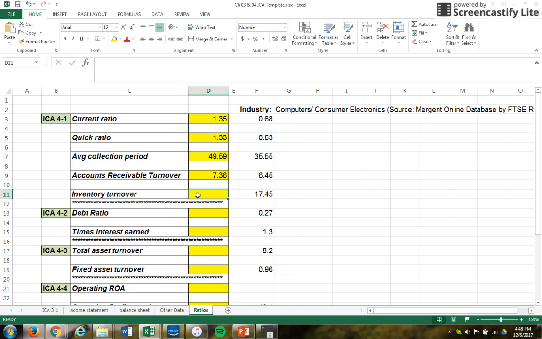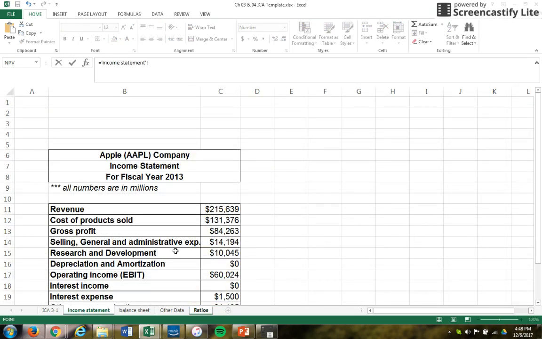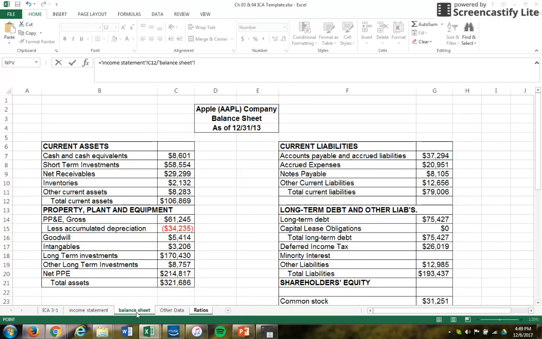So to do that, we find our cost of goods sold is on our income statement. We see that is $131,376 there in cell C12. And we're going to divide that by our inventory, which we find on our balance sheet. Inventories here of $2,132. Once we have that, we have our formula up here, income statement C12 divided by balance sheet C10.